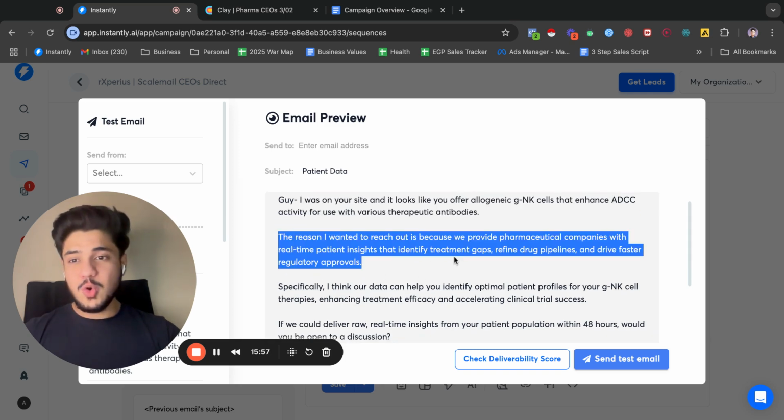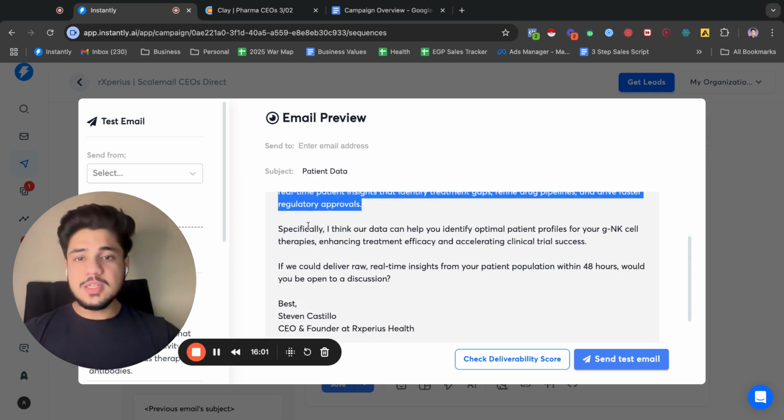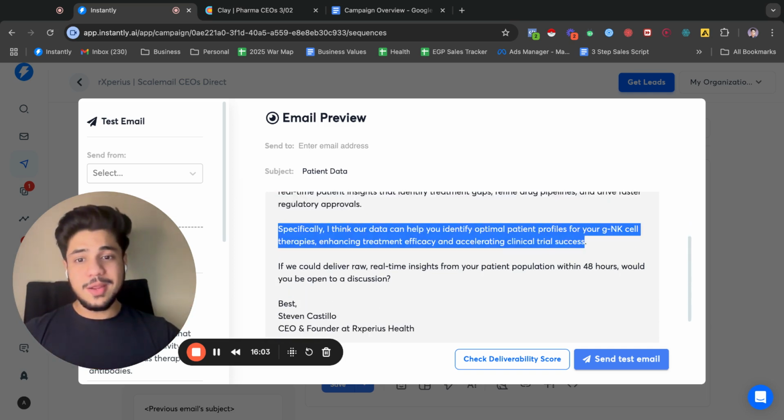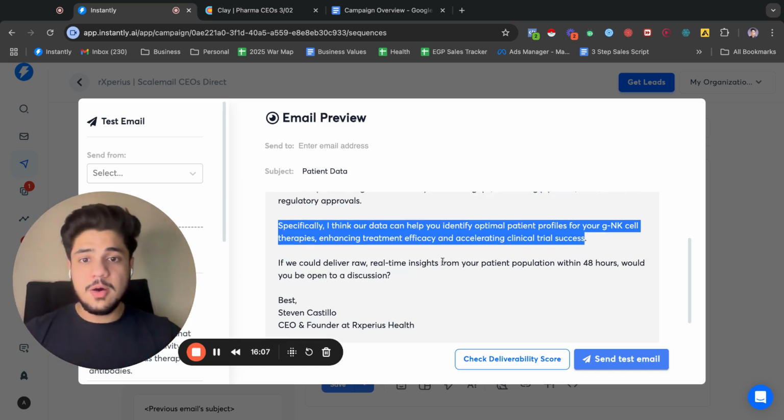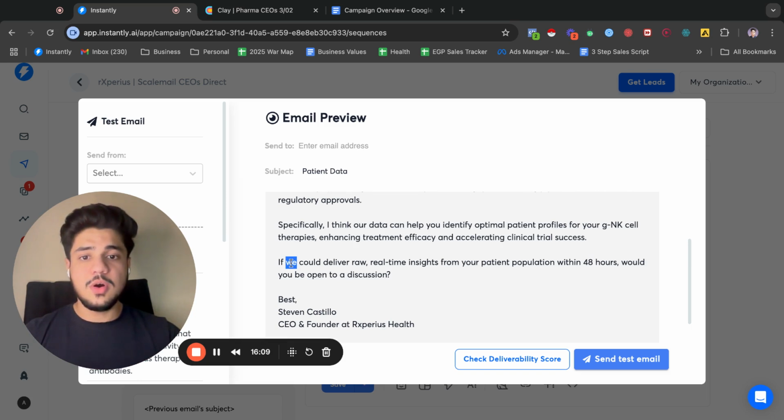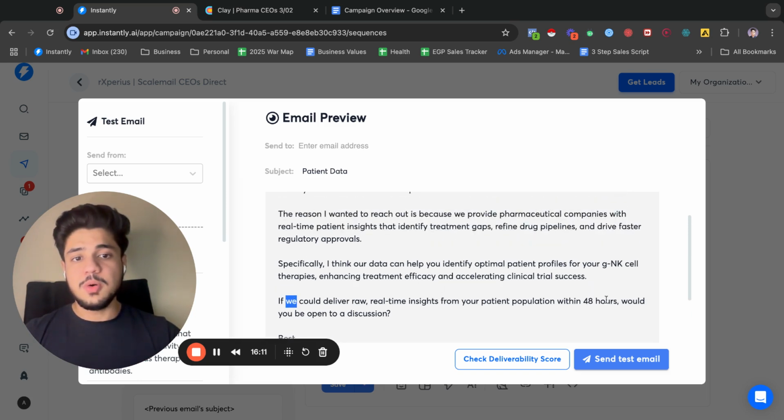The reason I wanted to reach out, where we specifically give the value proposition of our client, and then we tell them the specific use case on how our client's data can be used. And our CTA is also simple: if we could deliver raw real-time insights from your patient population within 48 hours, would you be open to a discussion?